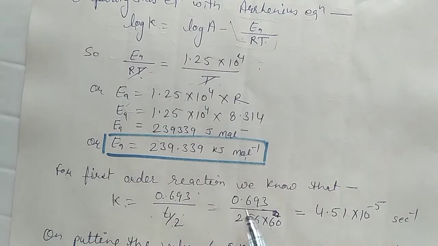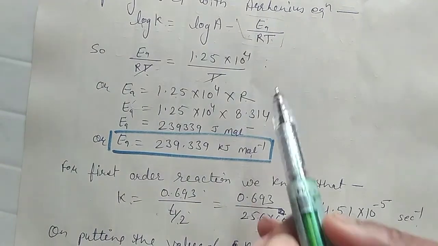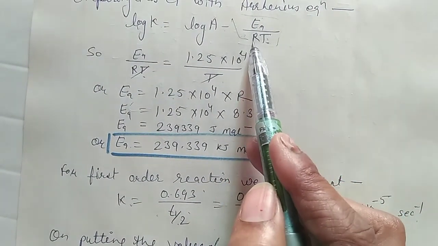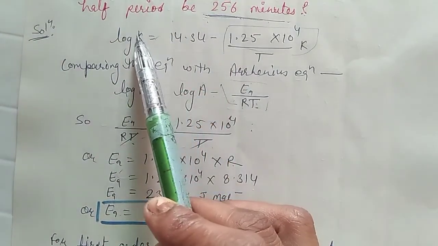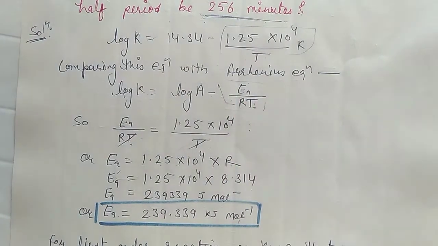So k will be equal to 4.51 into 10 to the power minus 5 per second. Now we can calculate the temperature T. Ea is calculated, R is known, k is calculated, and we can calculate T easily.